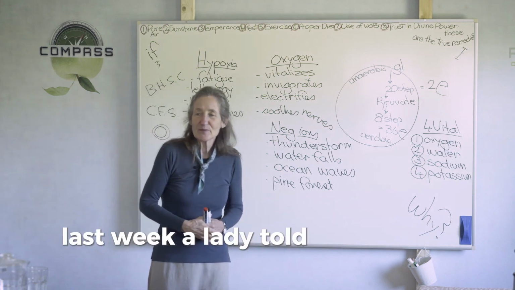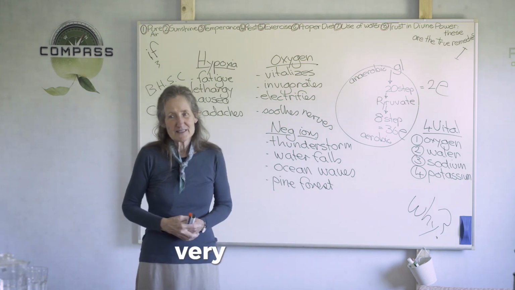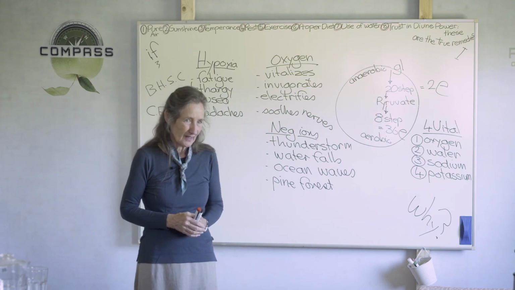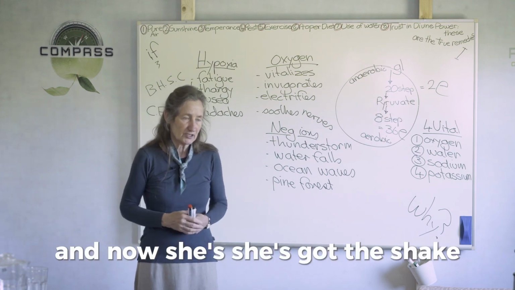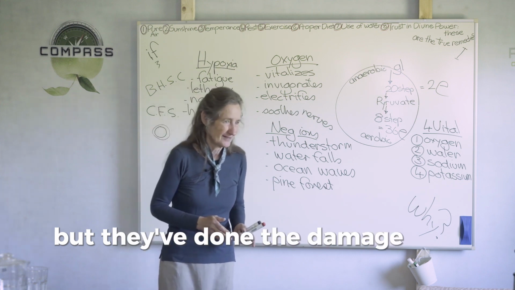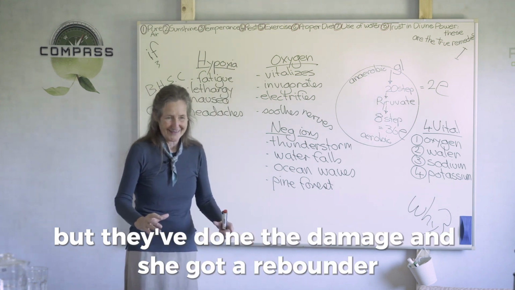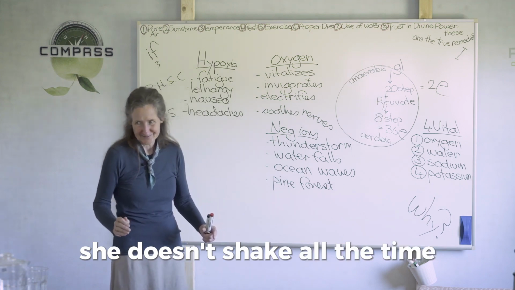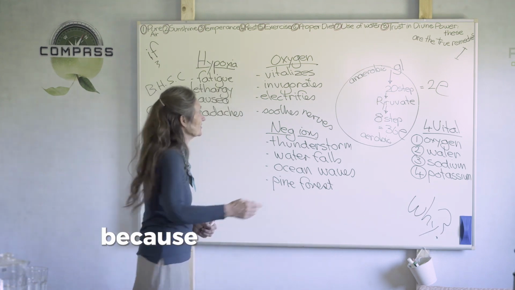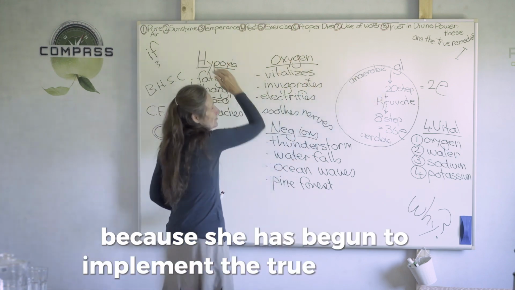Last week, a lady told me she got her rebounder. Very sad story. This lady's been on antidepressants for 25 years. Now she's got the shake. She's off the antidepressants, but they've done the damage. She doesn't shake all the time, just here and there. She said she is improving because she has begun to implement the true remedies.